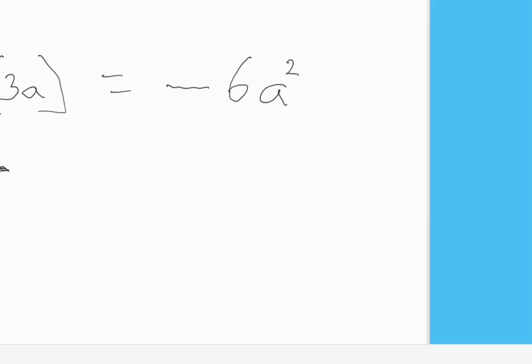Let's look at another one. What if we have 2r multiplied by 4? Pause it, see if you can figure this out. All right, so first let's look at it. What is the sign over here on this term? It's positive. There's an invisible plus sign here.